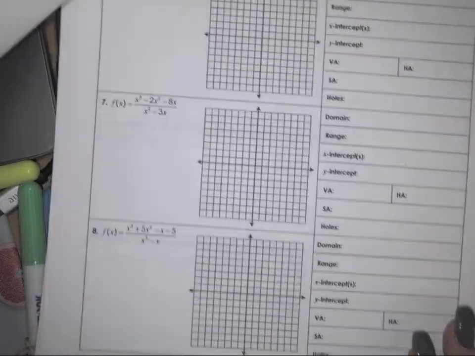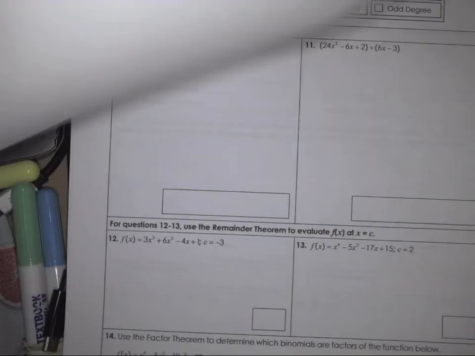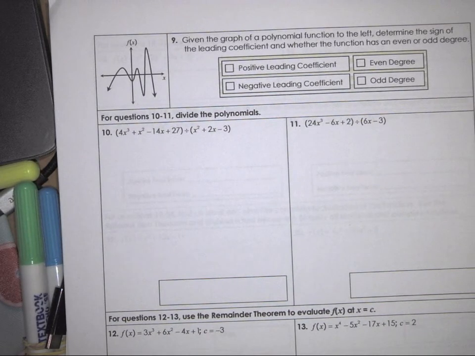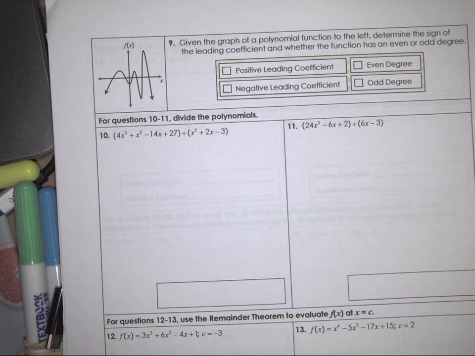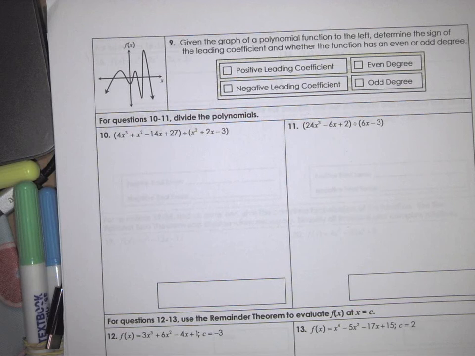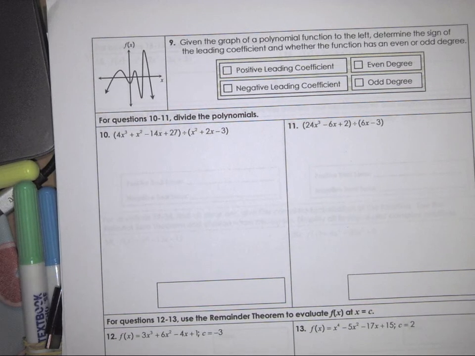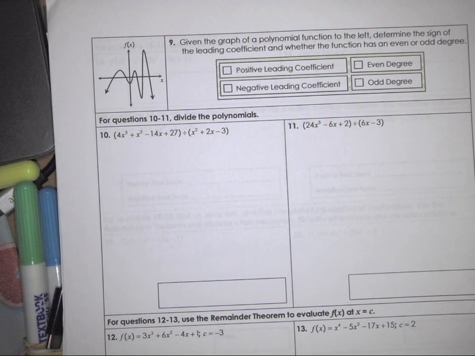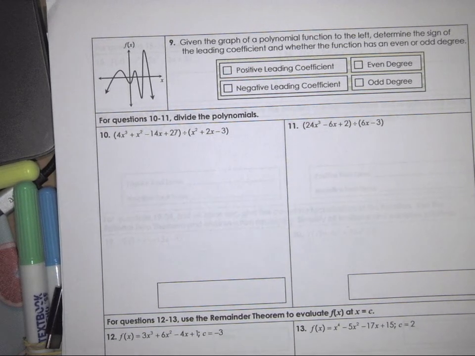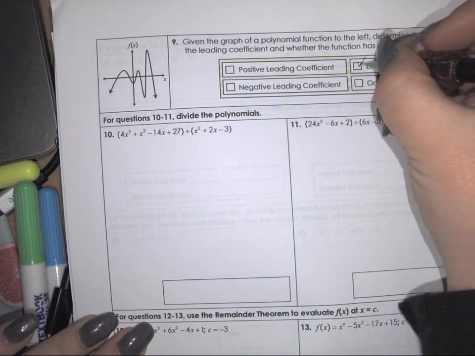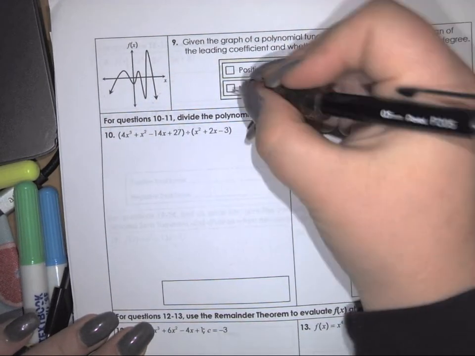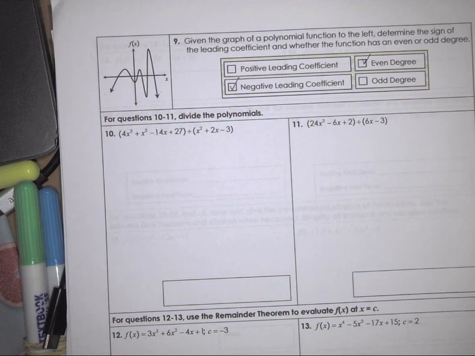Alright, so let's move on to 9. So skip this page. So 9 says, given the graph of the polynomial function to the left, determine the sign of the leading coefficient and whether the function has an even or odd degree. Because they're both going the same direction, it's even, and since they're both going down, it's a negative leading coefficient.